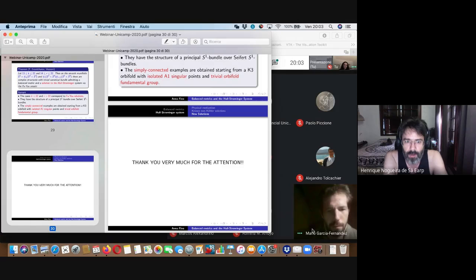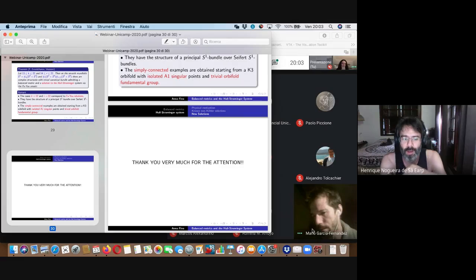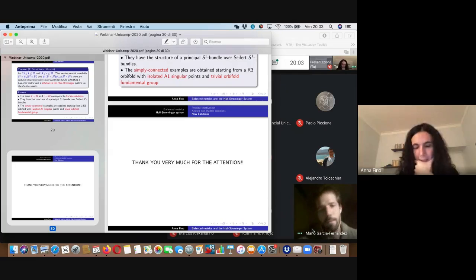Also, Anna, I have a question for you. Jason and I have been working on a solution to the G2 Strominger system on transverse Calabi-Yau 7-manifolds. But of course, this problem is also interesting in dimension 8. And so we are solving this on an S1 bundle over a Calabi-Yau threefold, which is elliptically fibered.